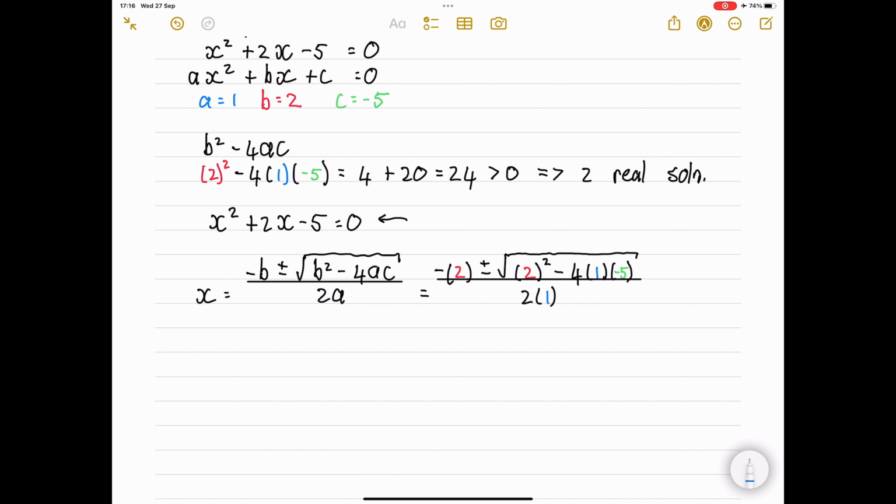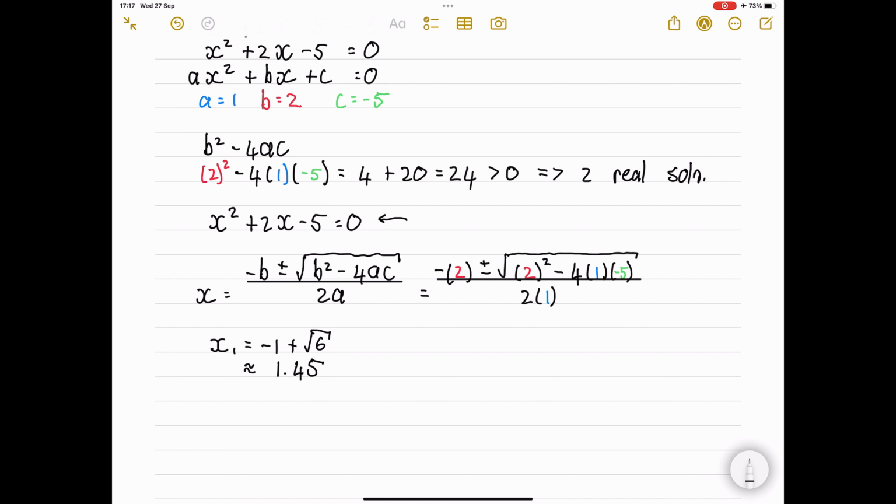Now how you would calculate this is you would put all of this in your calculator. And over here, for your first x, you would use plus, and then for your second x, you would use minus. That's how you get two values. So with the plus one first, you would get negative 1 plus the square root of 6, which if you round it off to 2 decimals, you get 1.45.